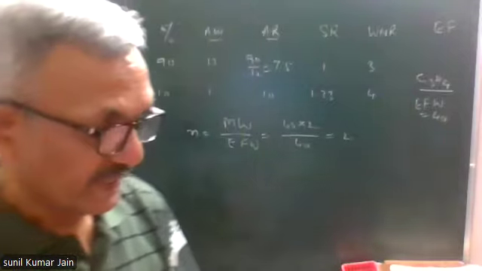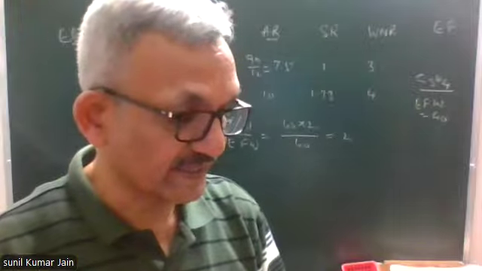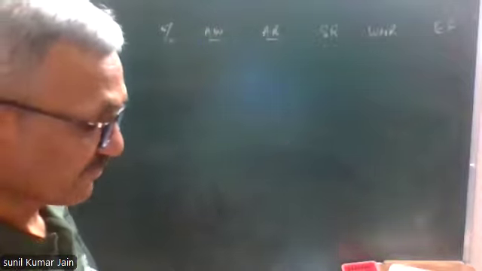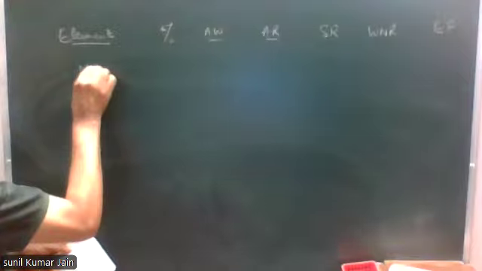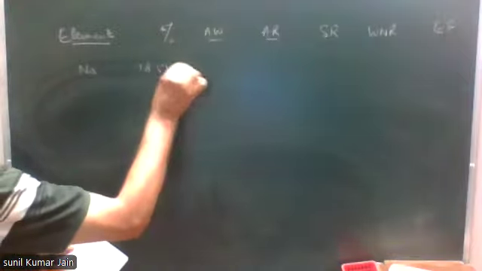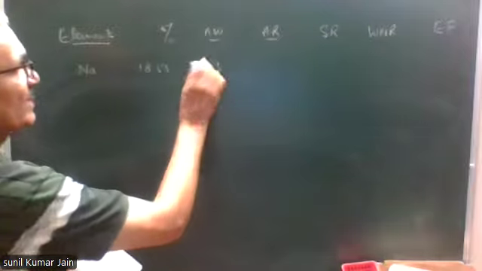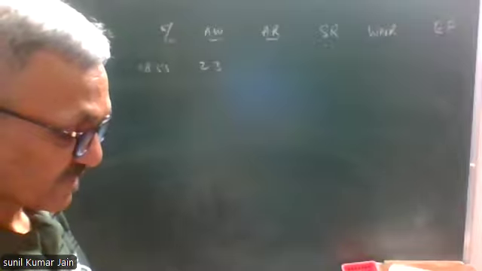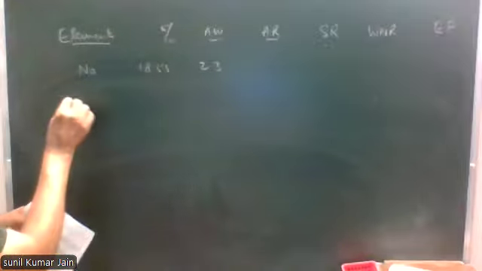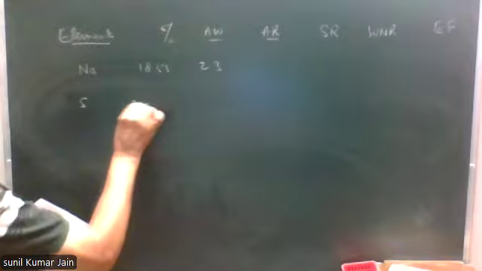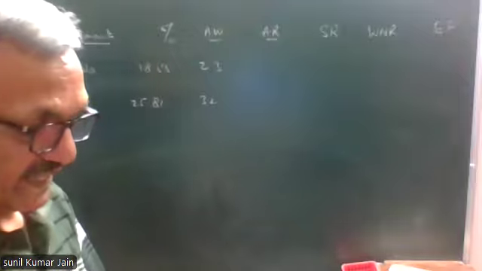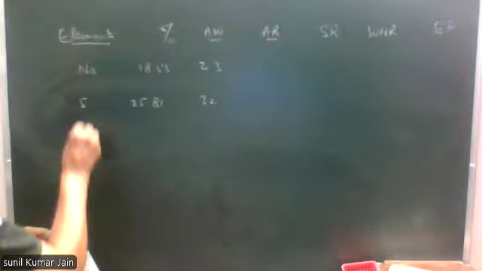Second numerical. A compound of molecular weight 248 contains 18.55% sodium. Sodium 18.55%. Atomic weight is 23. 25.81% sulfur, 25.81, atomic weight is 32, and 4.03% hydrogen.